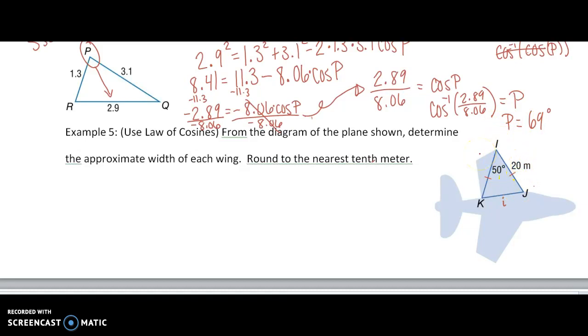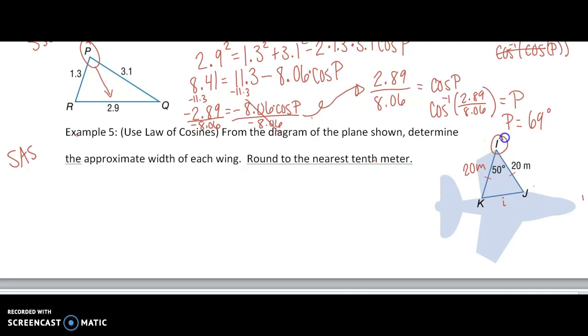So segment IK is also 20 meters. So hopefully you're sitting there thinking, law of sines, law of cosines, I already told you which one to use. But again, we've got a side, then the angle, then a side. So this is an example of side angle side. And we know when we have that, we're going to use law of cosines.